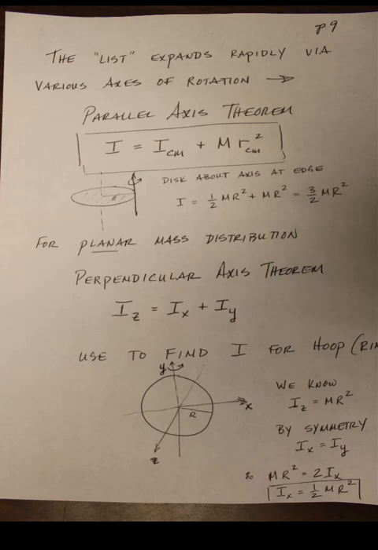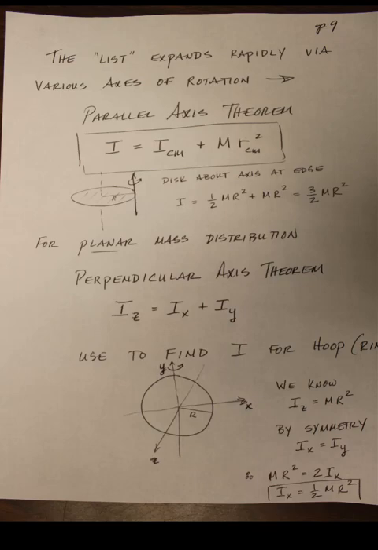The rotational inertia about some axis other than the one through the center of mass is the rotational inertia about the center of mass plus the mass times the distance from the center of mass to that axis of rotation, the parallel distance, squared. So I equals I center of mass plus the mass times r squared, as you can see written down here.